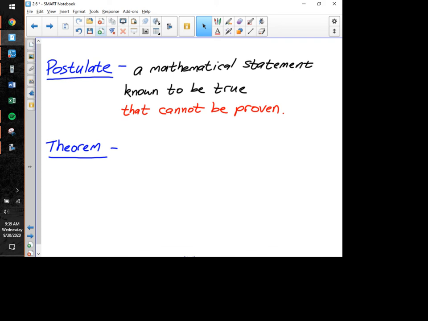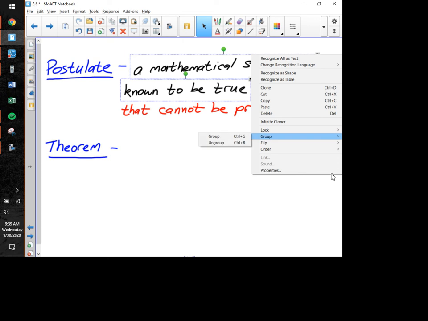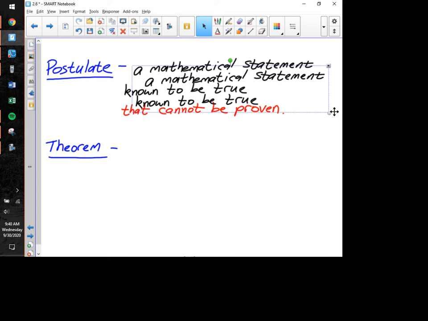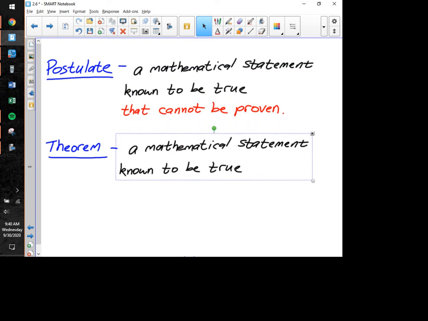Now, the difference between a postulate and a theorem is really just this red statement underneath here. So give me just a second. When I go to define what a theorem is, let me actually group these two things together right now, and then let me go ahead and clone them, because this definition right here for theorem starts off the exact same way as postulate.